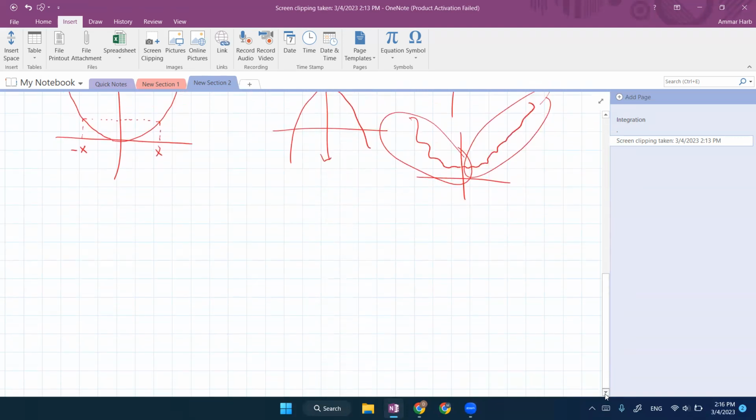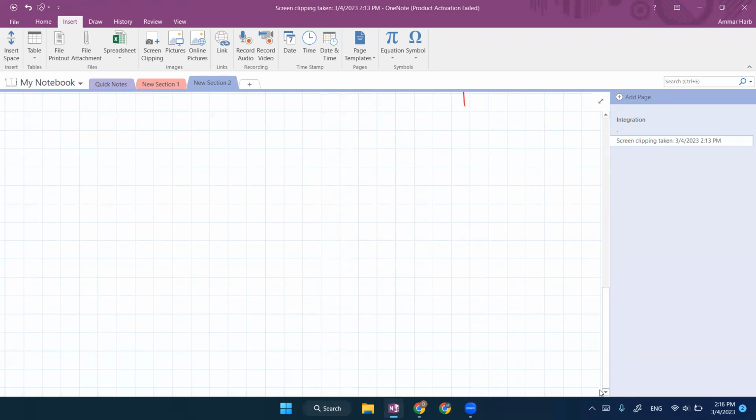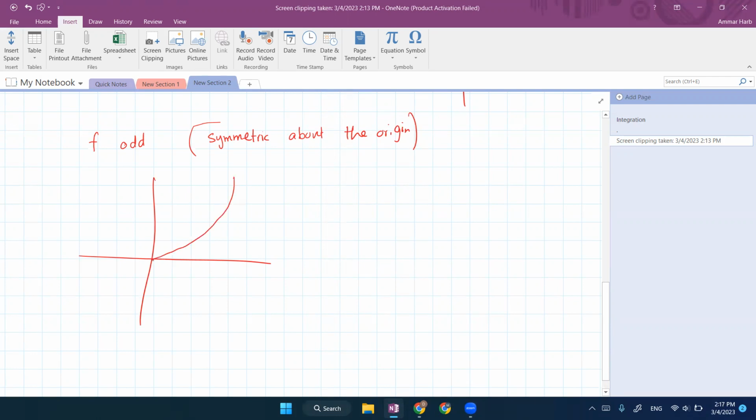For the odd function, it is a similar idea. We say that the function is an odd function if it is symmetric about the origin. The origin is (0, 0). So basically, the graph looks like this. So 0 here, like the mirror.